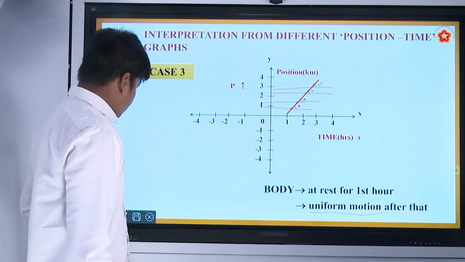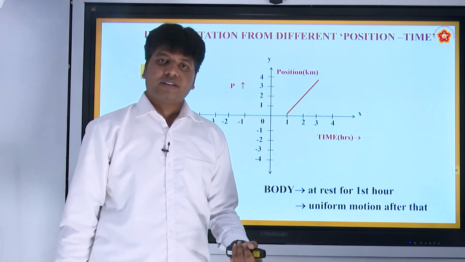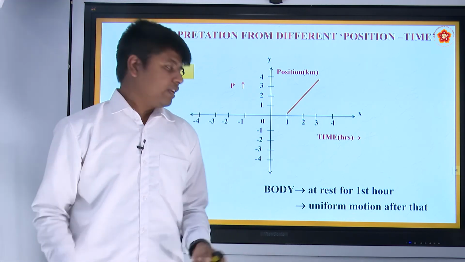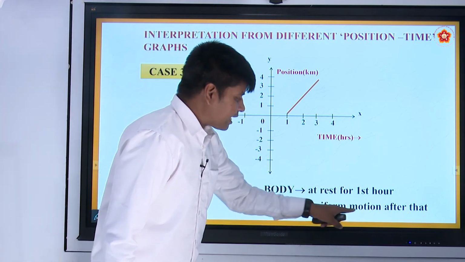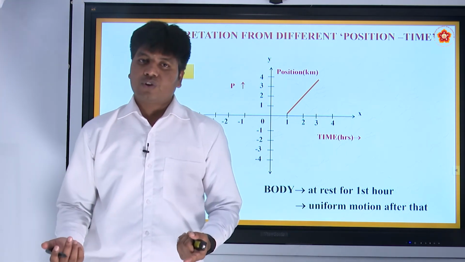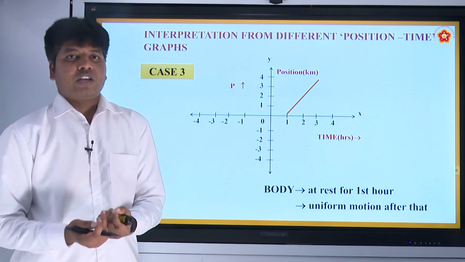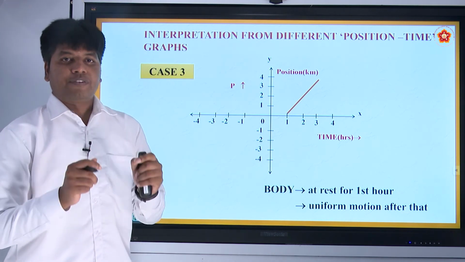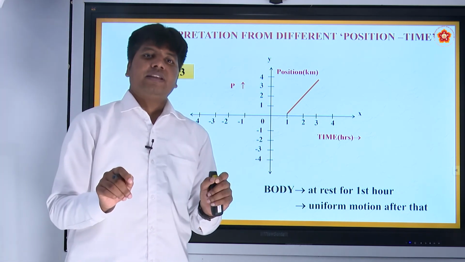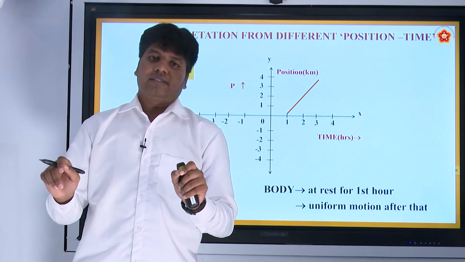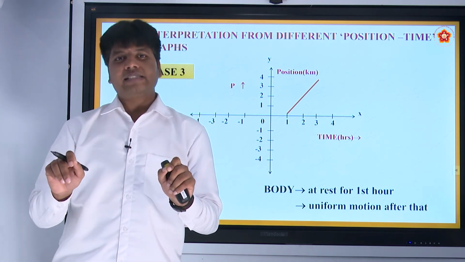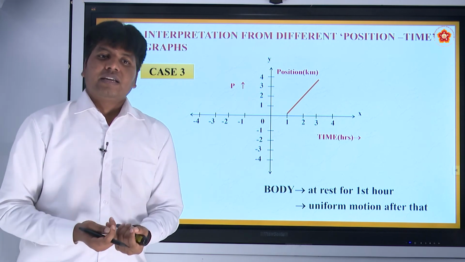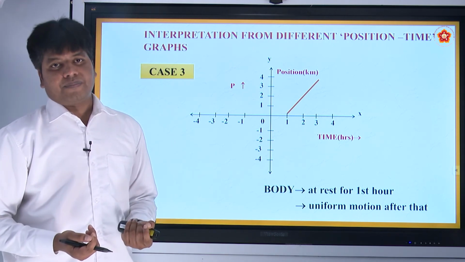If the velocity is constant, you will have uniform motion. So from here you can also say what non-uniform motion is. Non-uniform motion is when the body is not satisfying uniform motion. To be precise, an object covers unequal distances in equal intervals of time.